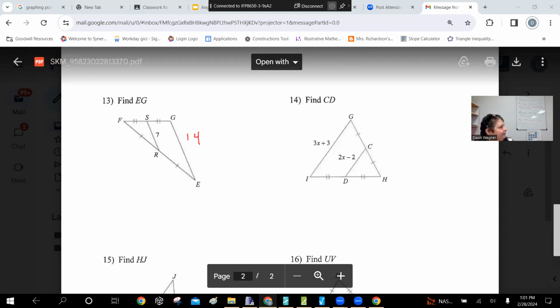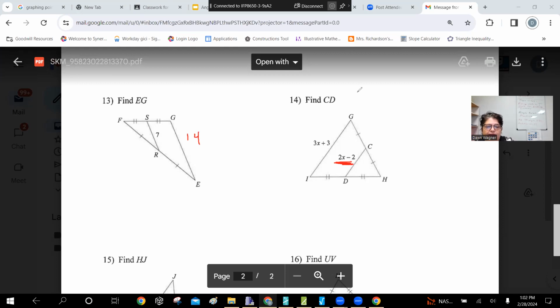Now, of course, they can't make it that easy because I have to throw in some algebra, right? And I know that if I multiply this by 2, it has to equal the outside one, right?